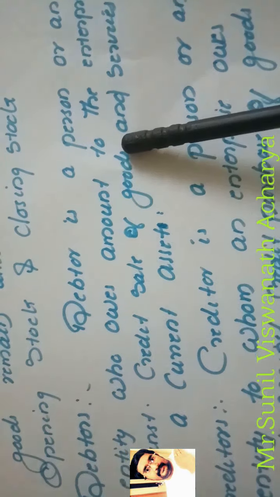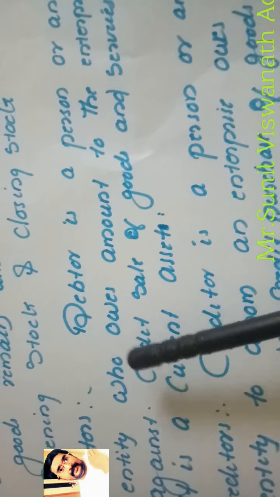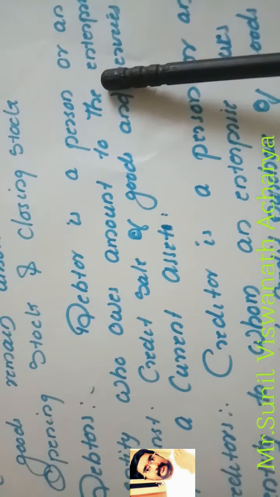That means he has to pay money to the enterprise in future against credit sale of goods and services. We already sold goods on credit, and for those goods they have to pay money to the business. So we call him a debtor.